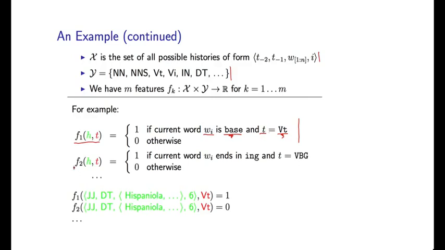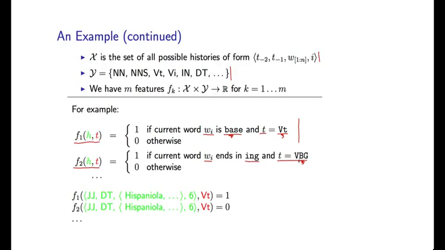Here's a second type of feature, f2. And this says the following. It's going to be 1 if the current word wi ends in the suffix ing, and the tag is vbg. This is a gerund verb. This is the tag for a gerund in the Penn Treebank, for example. And words ending in ing in English are very often tagged as vbg.